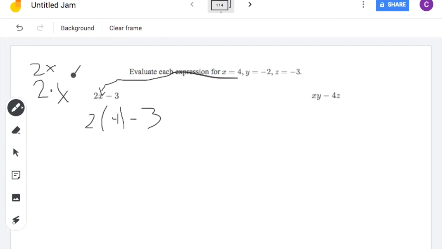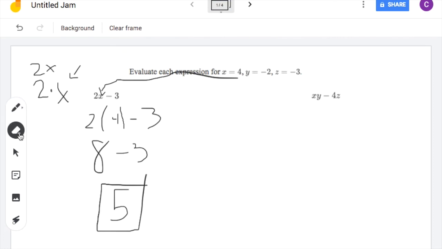So whatever you plug in for x will be 2 times whatever you plug in. So 2 times 4 is basically 8 minus 3. And we know that 8 minus 3 is 5. If your mom gives you 8 cookies, she says give 3 of them to your brother, you're going to have 5 cookies.